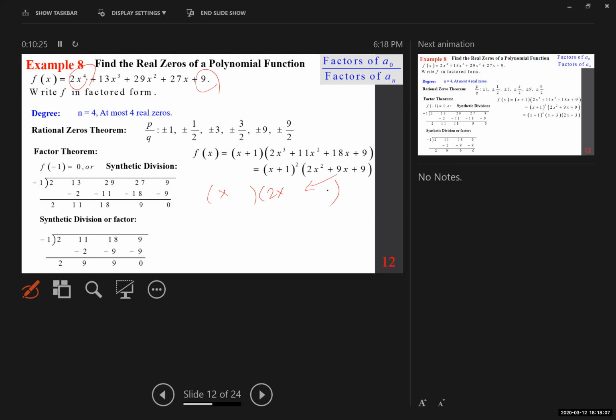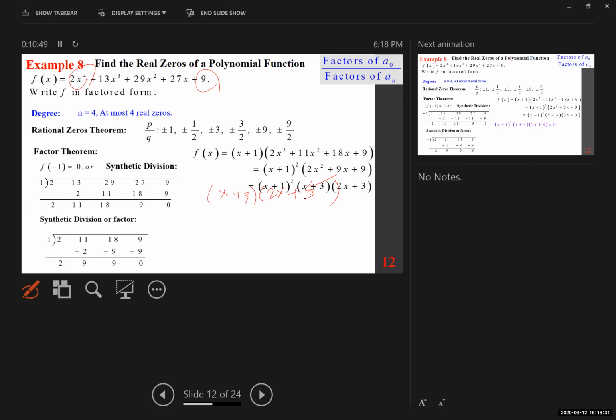You want two numbers, the product is 9, and somehow the middle term should work. So that works. So we get x plus 1 quantity squared times x plus 3 times 2x plus 3.